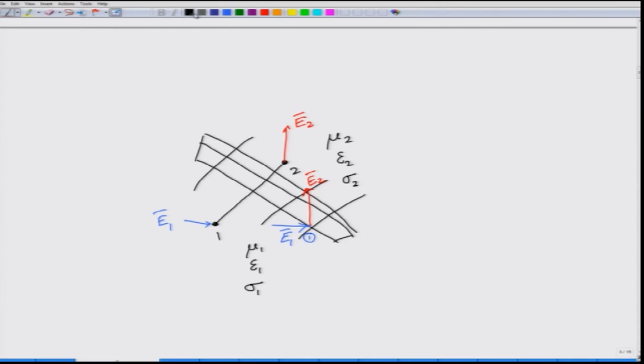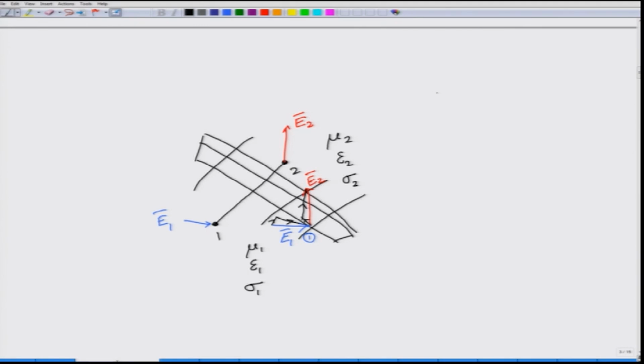First, observe, this electric field can be written down in terms of its tangential and normal components. Similarly, this can also be written in terms of its tangential and normal components.